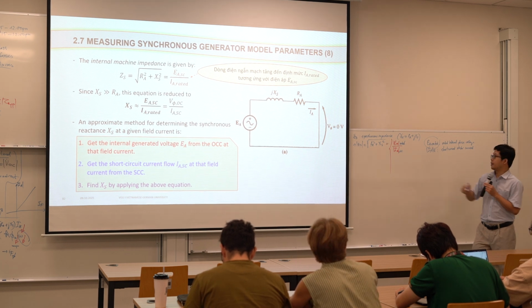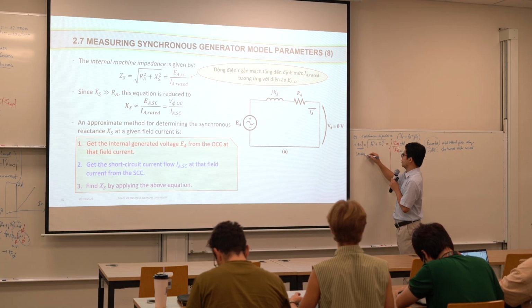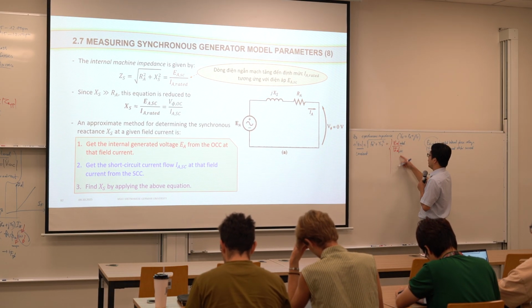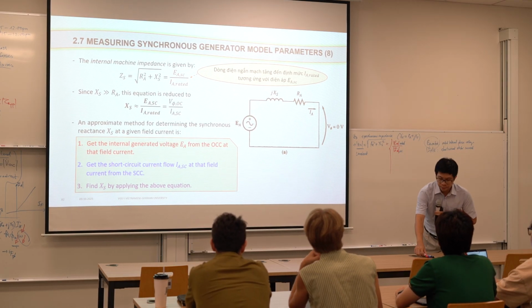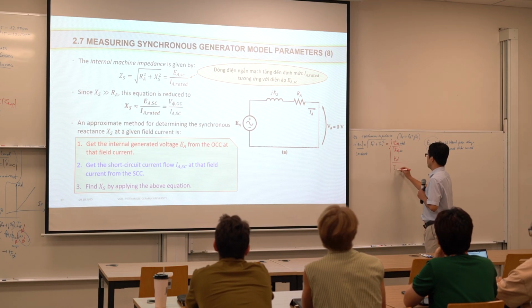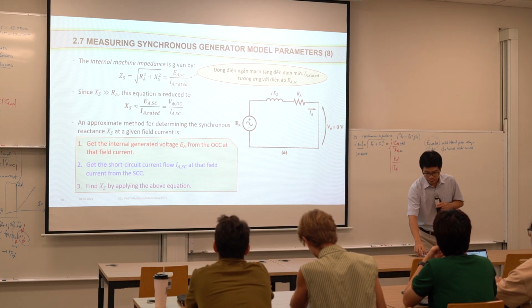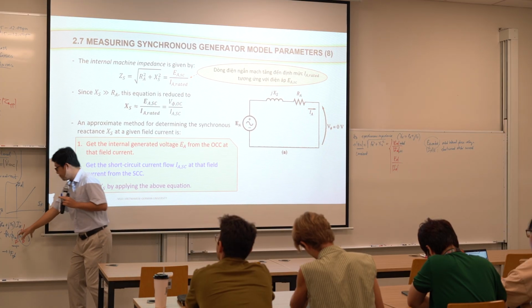But you know ZS is always constant. So if I reduce IA, that means I reduce EA also. So we have this ratio EA over IA. Here I reduce IF.